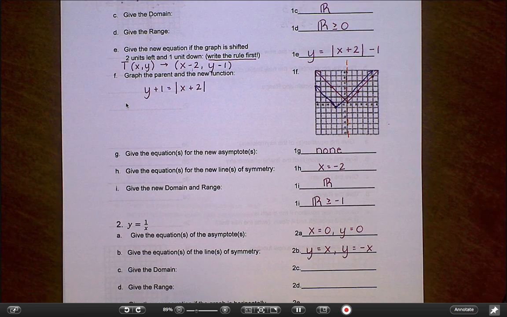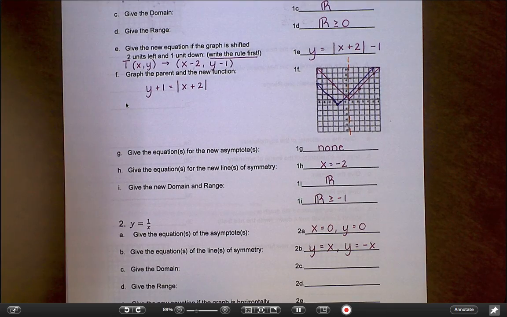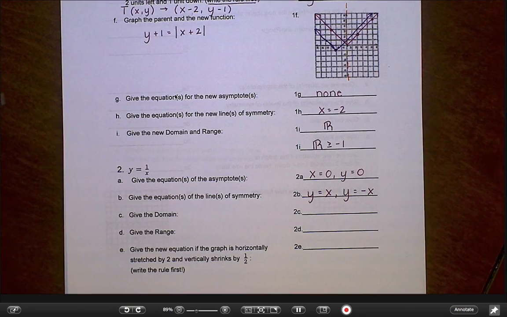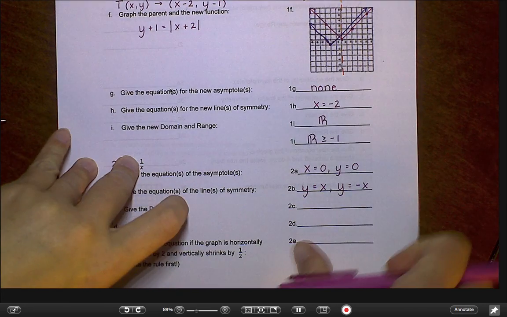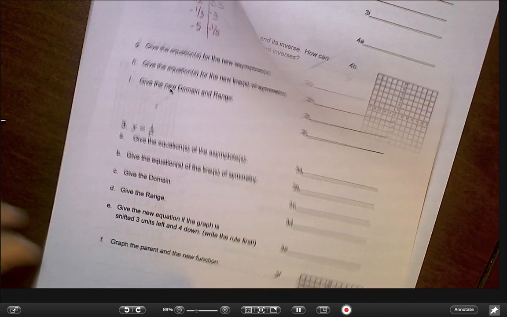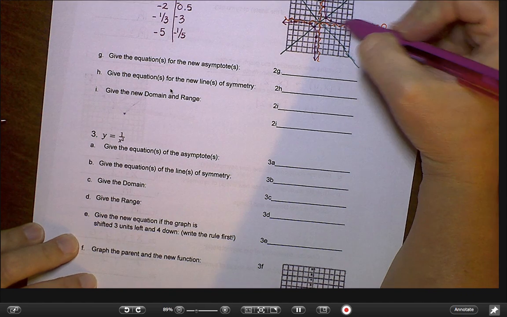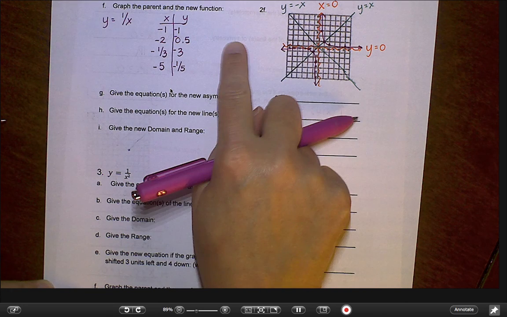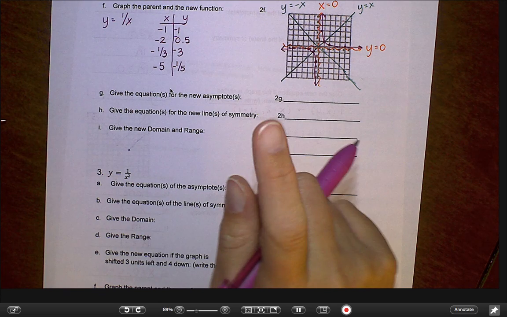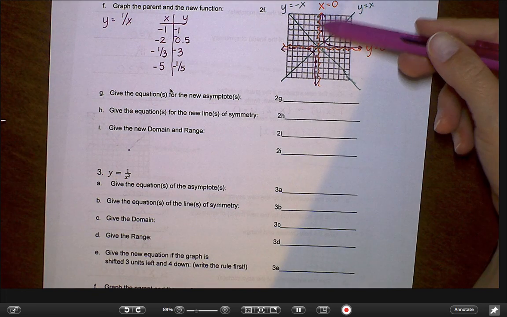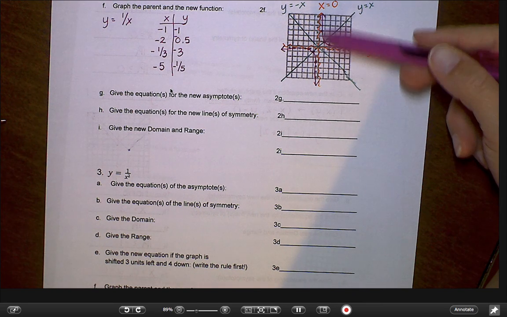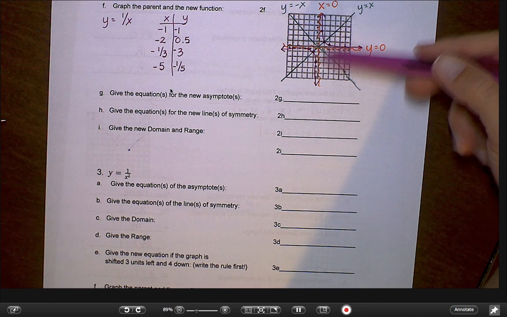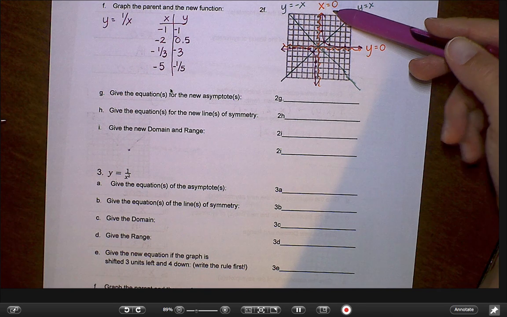Okay, so domain and range. Looking at your x values on this graph, my x values go forever to the right and forever to the left. So that makes me want to say all real numbers. The only exception is this gap in the middle where I've got that orange line drawn in. I can't let x equal 0. I've got an asymptote there.